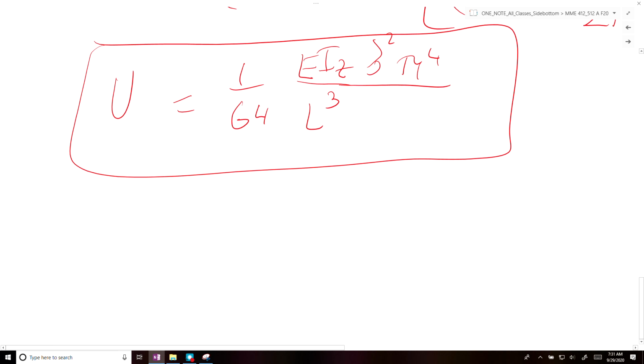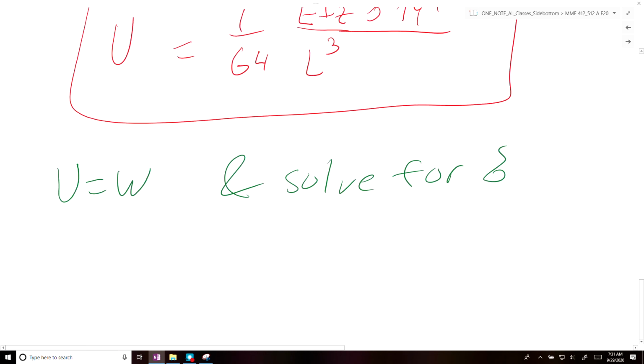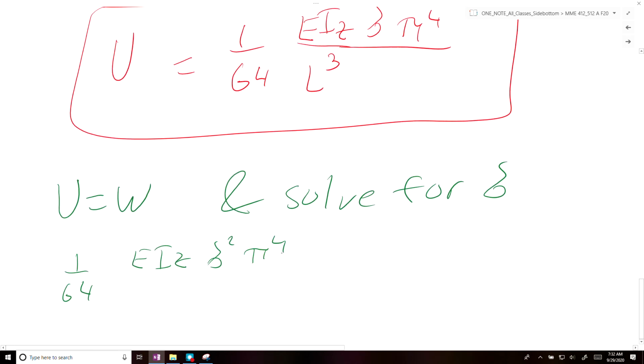So our last step is we're going to set U equal to W and solve for delta. So U would be 1 over 64 e to the I z delta squared pi to the fourth over L cubed. This is equal to 1/2 the applied force times delta.